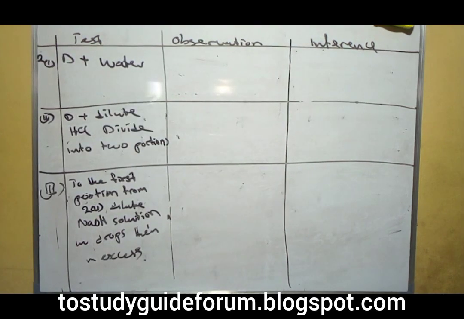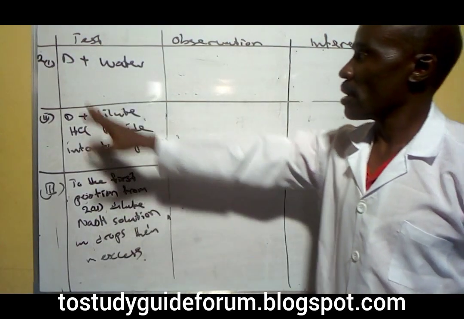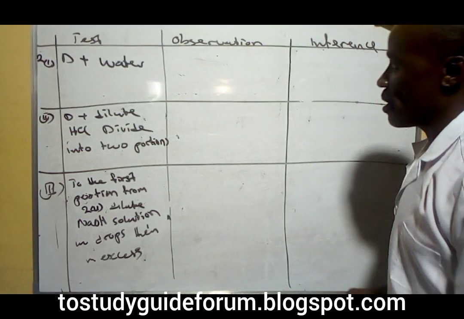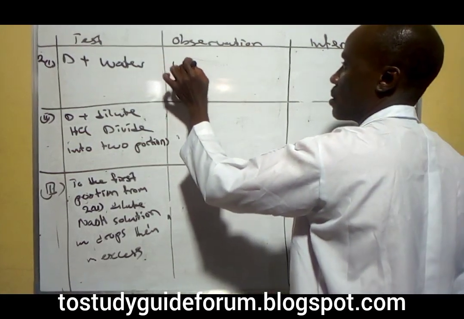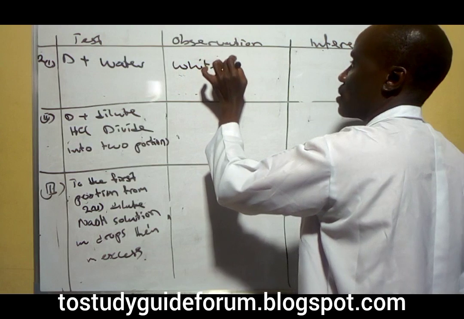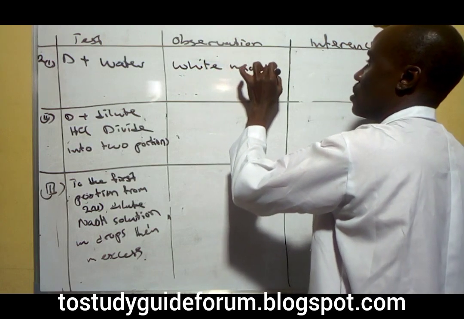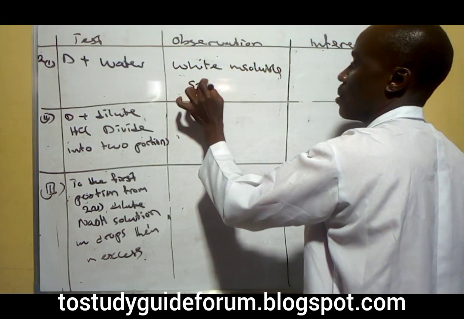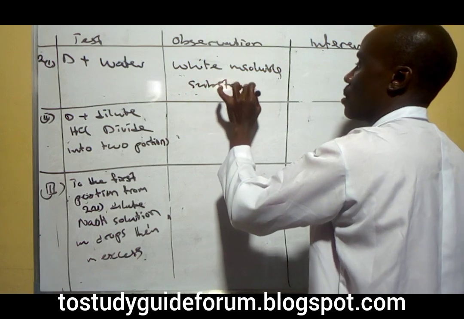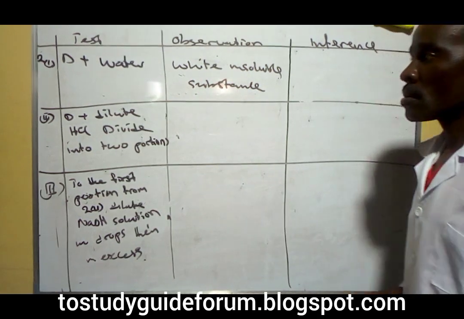All right, going over to the second one, D, we add water to it. We have a white insoluble substance. It is insoluble.